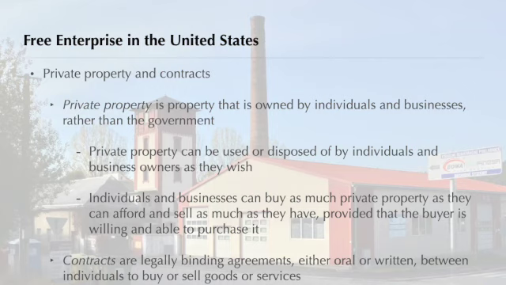A contract can be either oral or written, but regardless of its form, it is legally binding. If any person fails to fulfill the terms of the contract, the issue may be taken to court in order to ensure that the arrangement is carried out or that a satisfactory compromise is reached. Although Peter and Adam are unlikely to take legal action over a $10 CD, their agreement is nonetheless considered a contract.